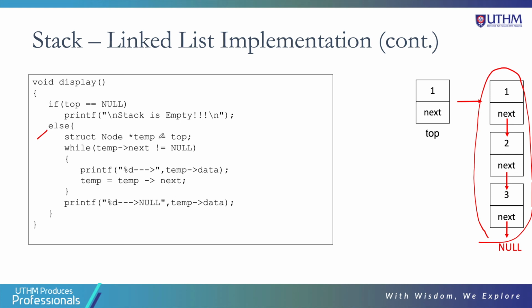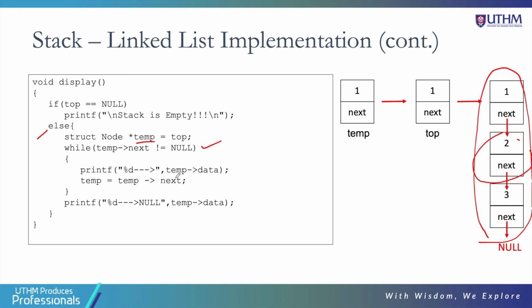We create a temp node which is equal to top, and then we do the while to travel between each node, while temp next not equal to null. Temp next is pointing to here, not equal to null, which is true.